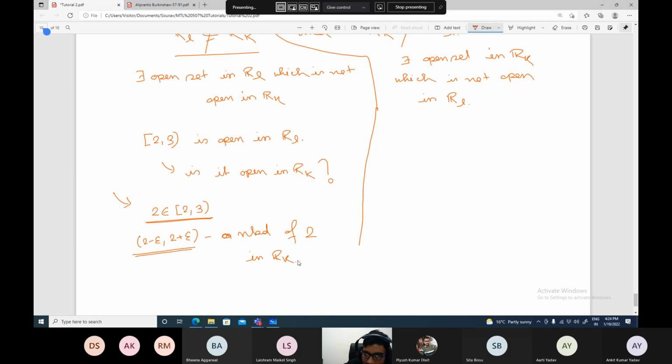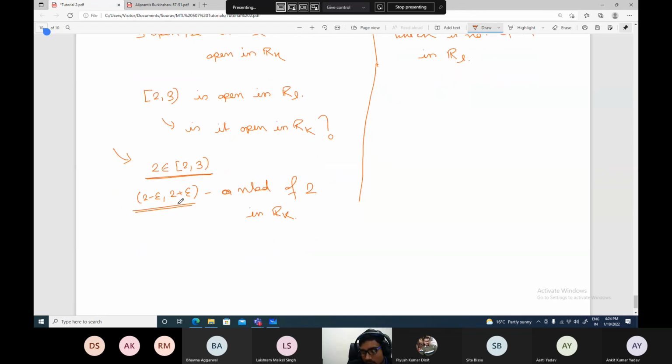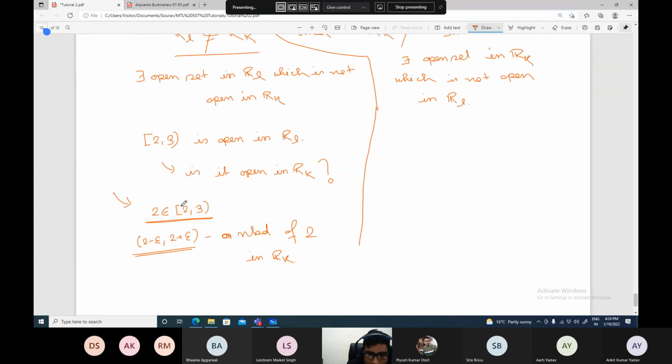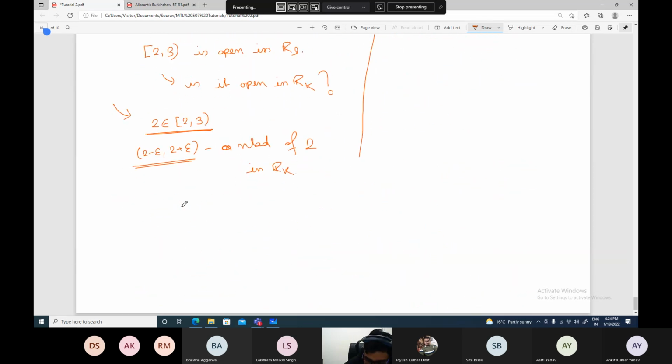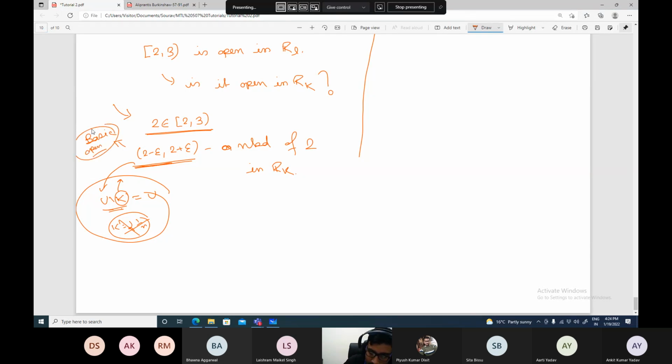In RK, the neighborhoods of 2 will look like this one, because if you consider an open set U minus K, then K is not here for this set U. If you take U as this one, and if you take K as 1 by n, then this will not change; this U minus K will be the same as U. That's why if you take an open neighborhood, it will look like this one. Of course, those are basic open sets, you can say. So this kind of open set will be a neighborhood of 2 in RK, but this 2 minus epsilon comma 2 plus epsilon is not contained in 2 comma 3. And so this one is not open in RK.